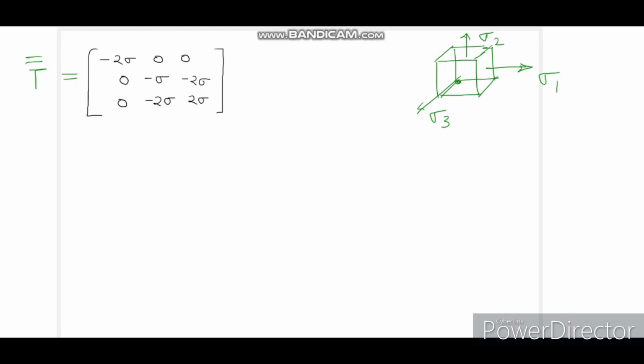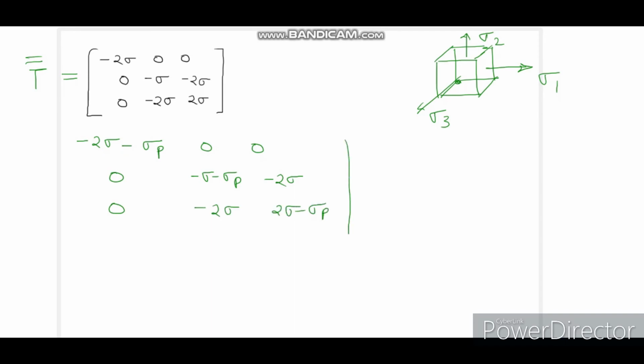So how can we find this? Just by taking the operation of this on this matrix, 0 minus sigma p. Here sigma p represents the principal stresses, 0 minus 2 sigma minus sigma p.